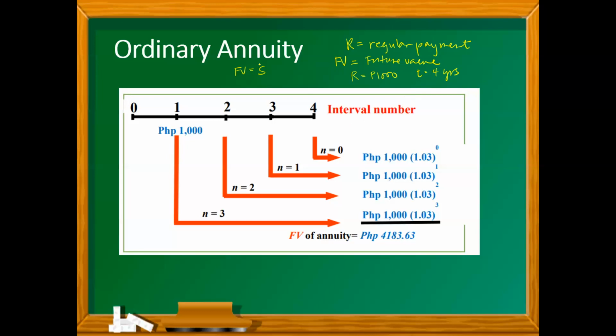We will let R be the amount of each payment in an annuity. Now, R will be the regular payment, while the small r here will be the annual interest rate.